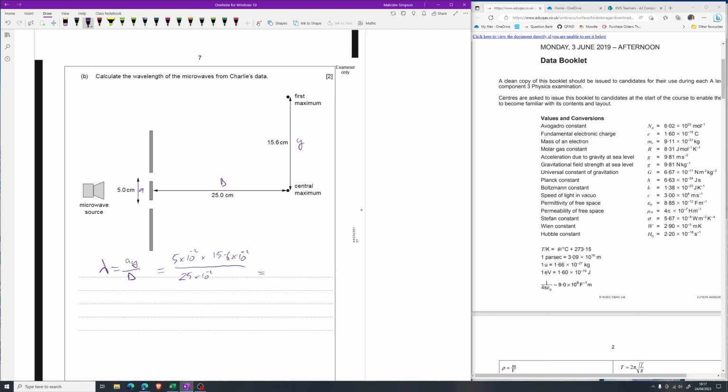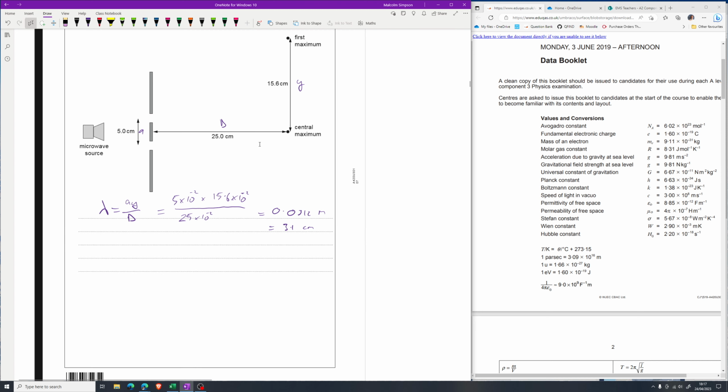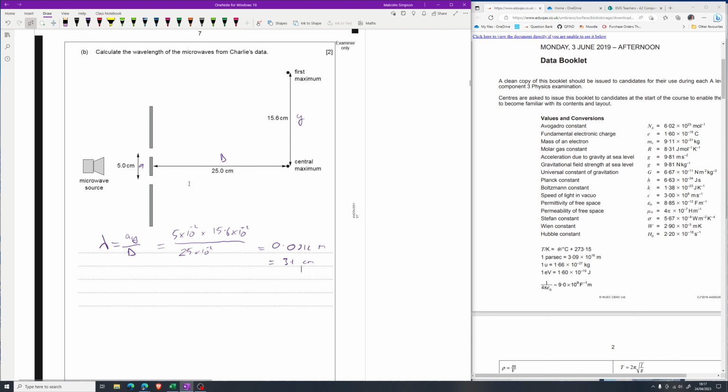And then I don't really have to think about it. So I've got 0.0312 meters or 3.1 centimeters. Okay, no problem there. This is pretty standard stuff, isn't it?